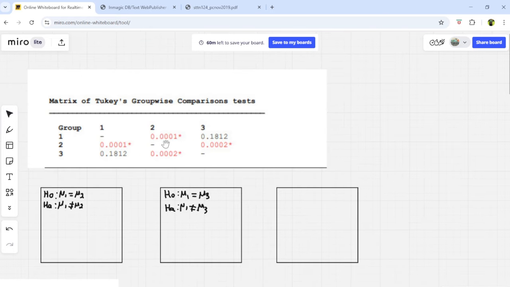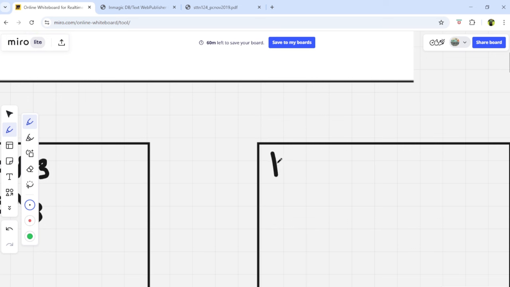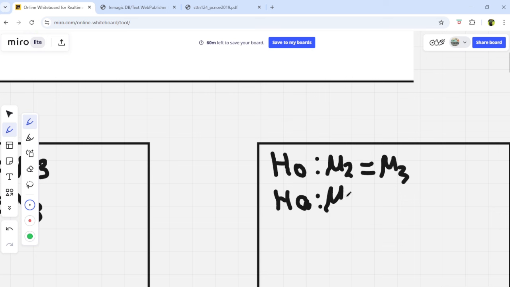So it's going to be group 2 and group 3. Null hypothesis, alternative hypothesis. Group 2 equal to group 3. And then we say here group 2 is not equal to group 3.